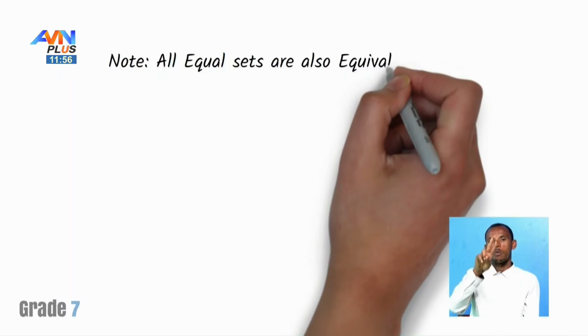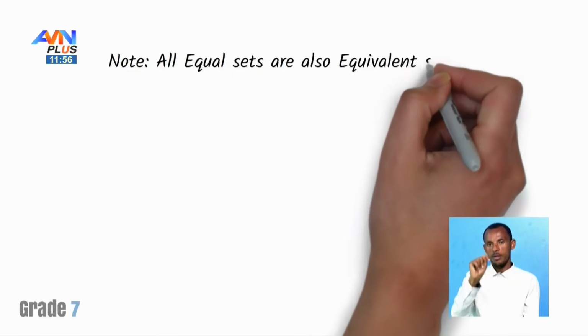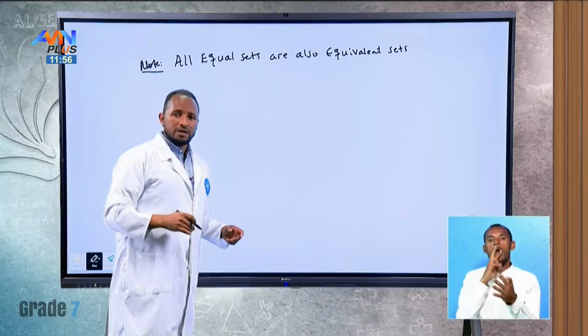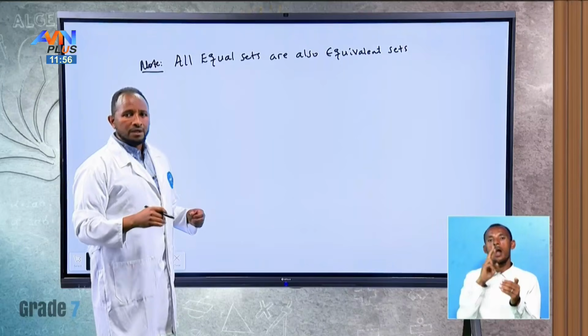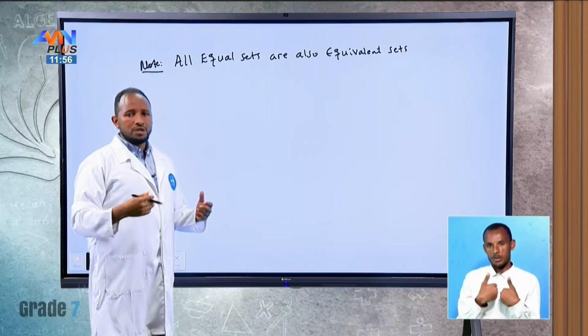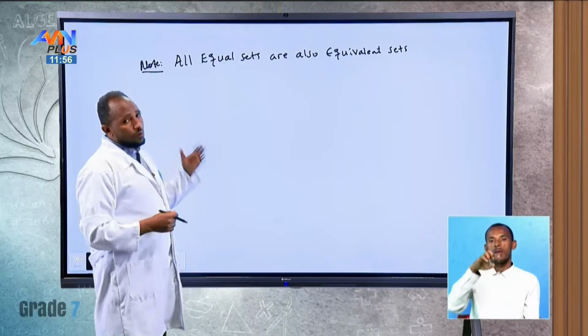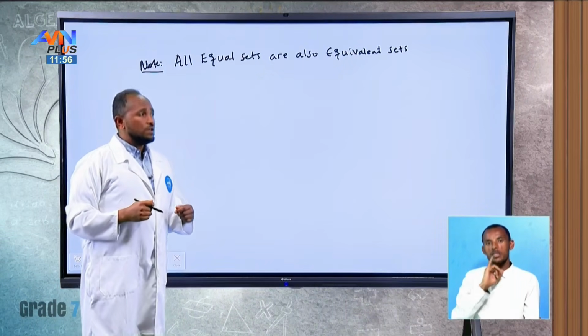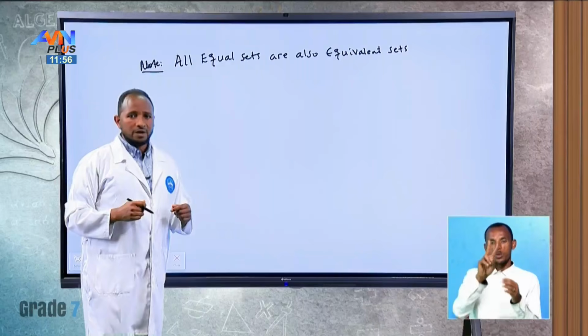All equal sets are equivalent sets. Since if they are equal, they have identical, the same elements. So when you count the number of elements, also same. Therefore, if two sets are equal, they are equivalent. But the reverse is not true.